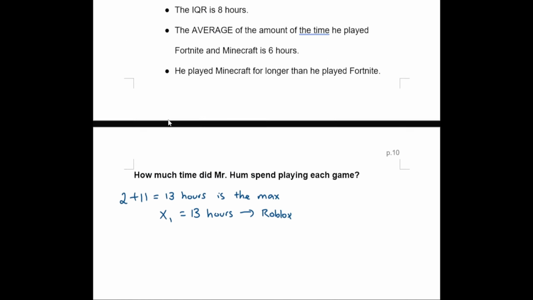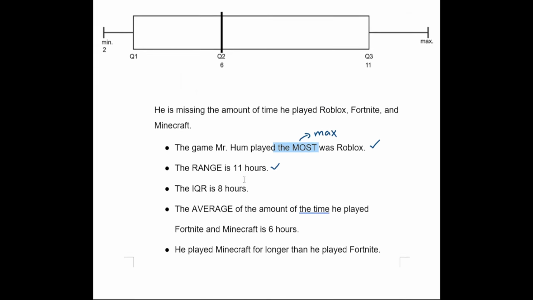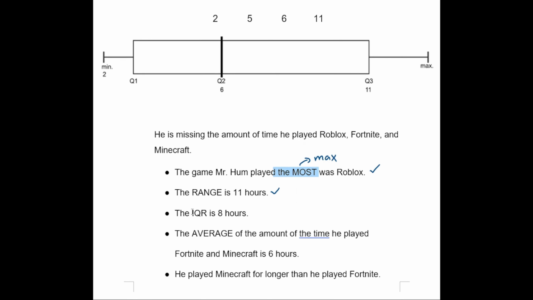Next, what's the next piece of information? It says the IQR is 8 hours. So IQR is very similar to range, okay? But instead of the distance between min and max, it's the distance between Q1 and Q3.